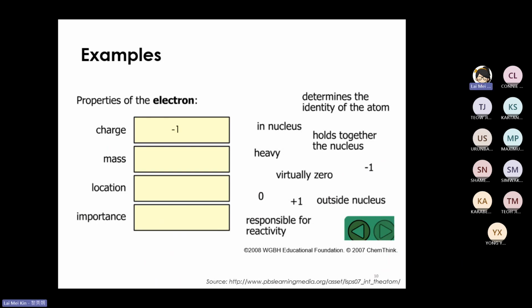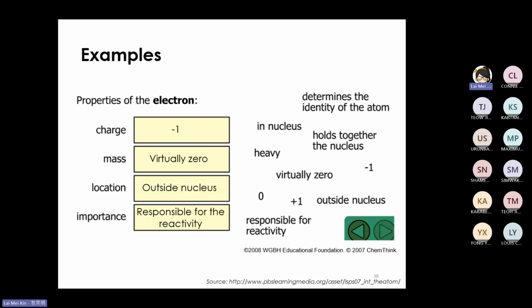Electrons are very, very light. That's why electrons can move. Virtually zero, virtually no mass. The location of electron is outside of the nucleus, so it can move in and out. And the importance of electron: it is responsible for the activity.